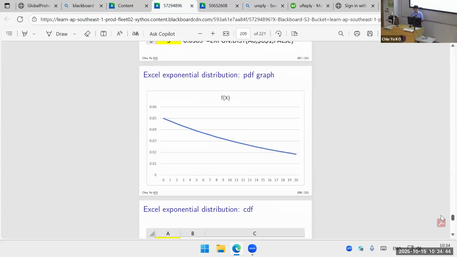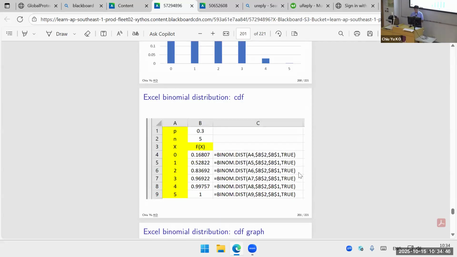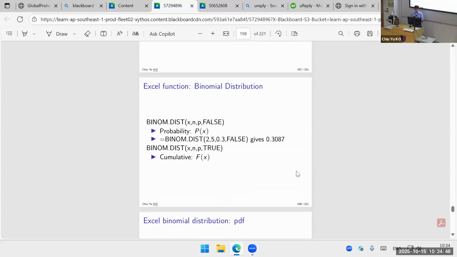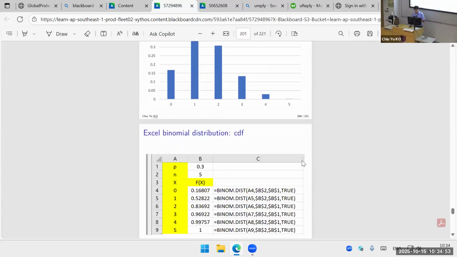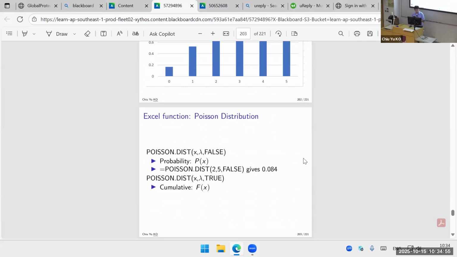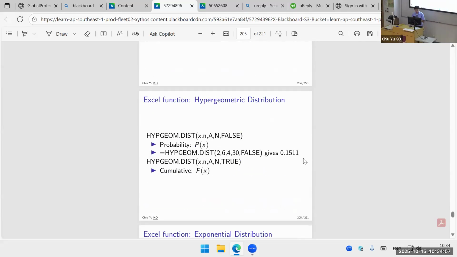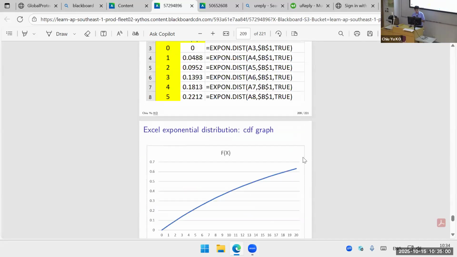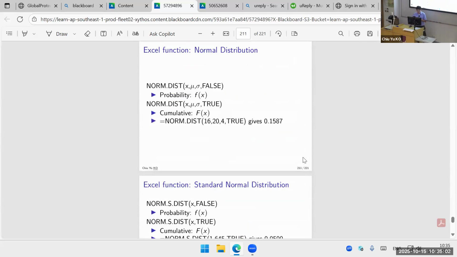Just to remind you of the Excel functions we covered last time: NORM.DIST, POISSON.DIST, HYPGEOM.DIST and EXPON.DIST. This is the way you can do the calculation much faster than the standard formula. And we do ask you to work on it for your assignment.